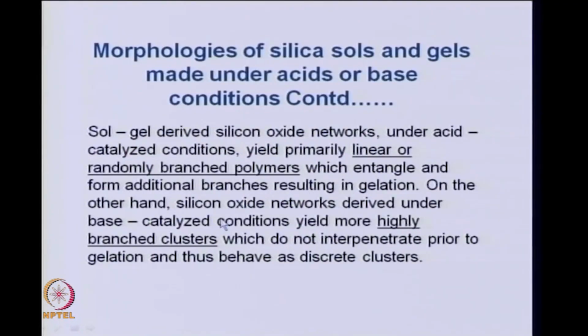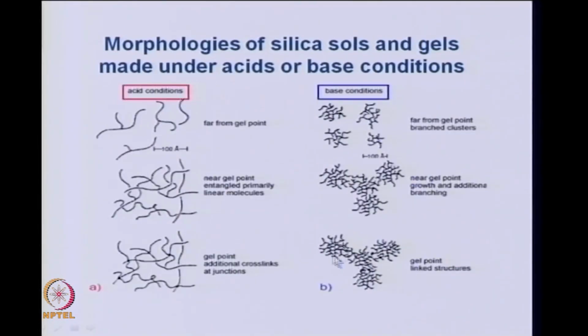On the other hand, when you use base catalyzed conditions, they yield highly branched clusters which do not interpenetrate prior to gelation and thus behave as discrete clusters. Before gelation, they exist as independent clusters which are highly branched.